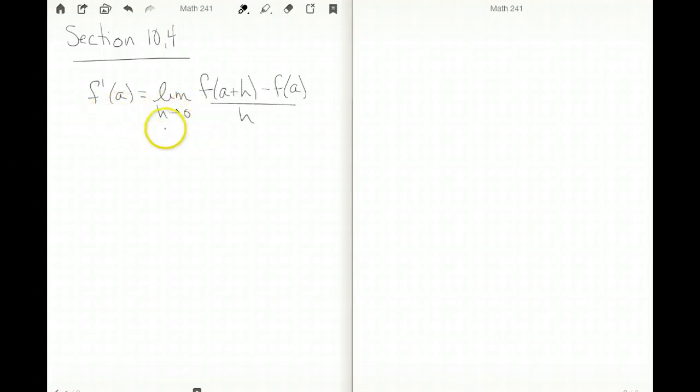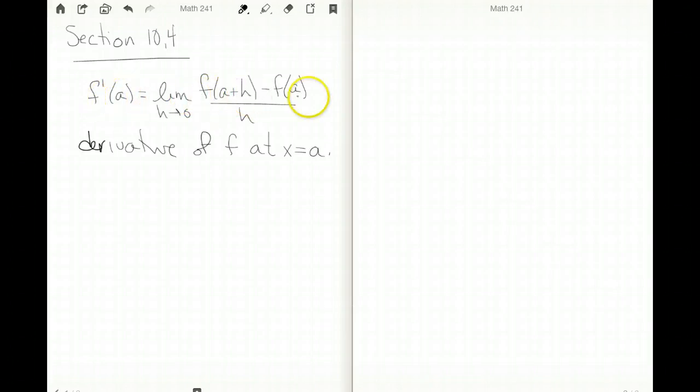Now I've written the definition of the derivative of f at a, right? So remember, this is the derivative of f at x equals a. This is the derivative at a specific place. Remember, this will actually equal a number because we would have a value for a here, like 3 or 2 or 0.